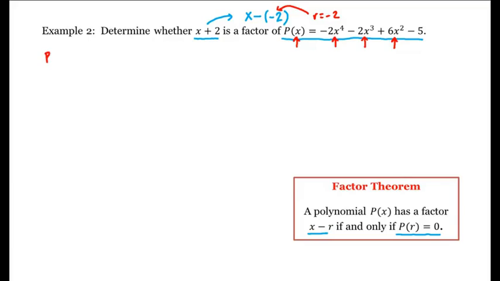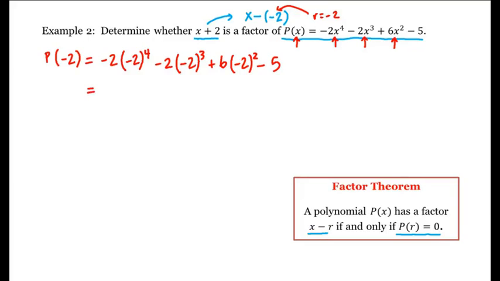So what is p of negative 2? This is equal to negative 2 times negative 2 to the 4th minus 2 times negative 2 cubed plus 6 times negative 2 squared minus 5.